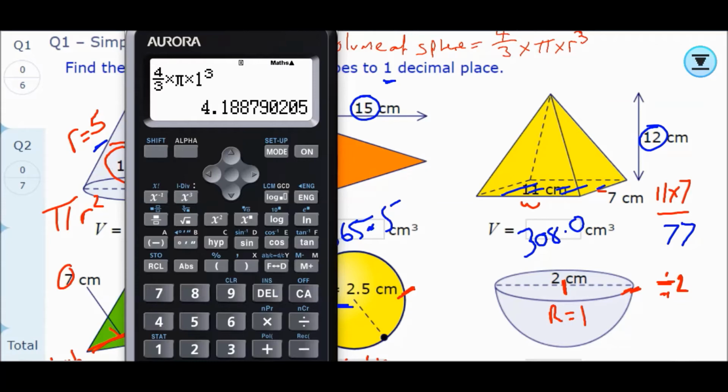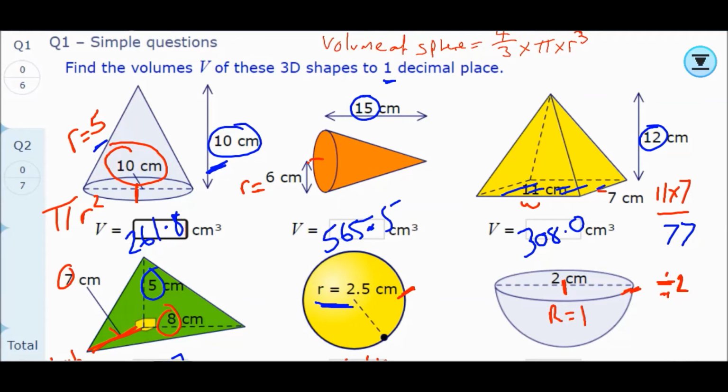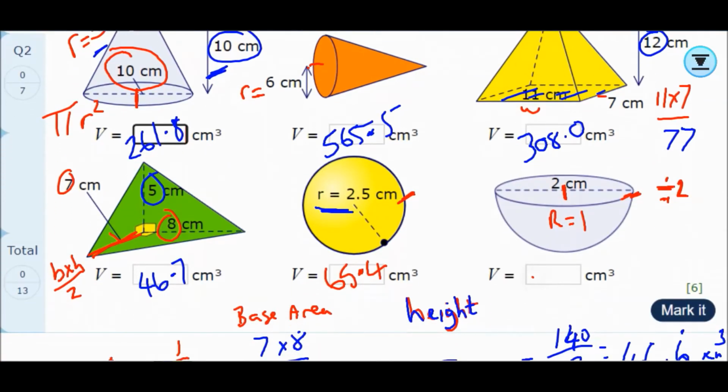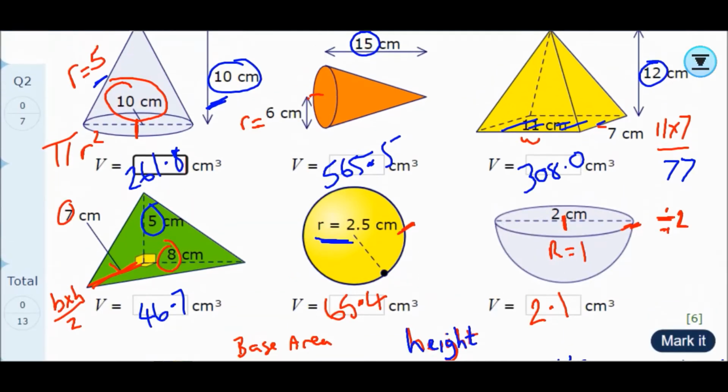But remember I've only got half of that sphere, so I now need to divide that by 2, which gives me 2.09. Remember, 1 decimal place, the 9 is going to round that up, so 2.09 would round up to 2.1 centimeters cubed.